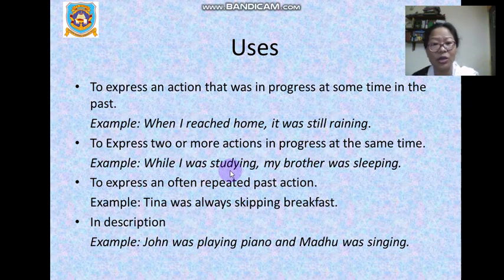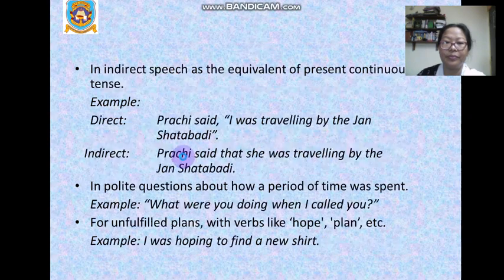To express an often repeated past action, something which happened in the past. Tina was always skipping breakfast. Okay. Then when describing something, we also use past continuous tense. John was playing piano and Madhu was singing. Then in indirect speech as the equivalent of present continuous tense.